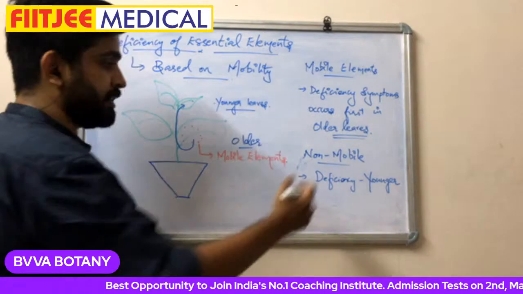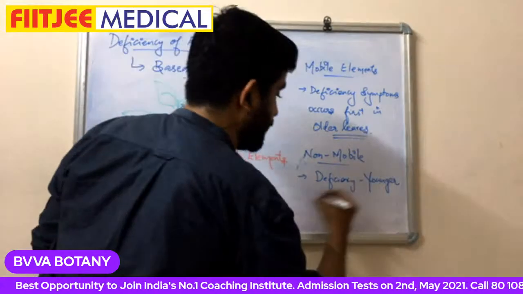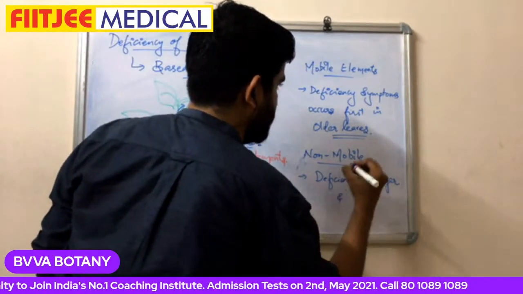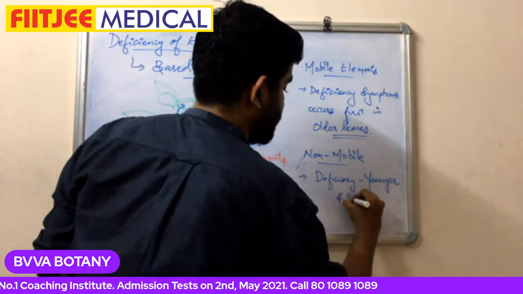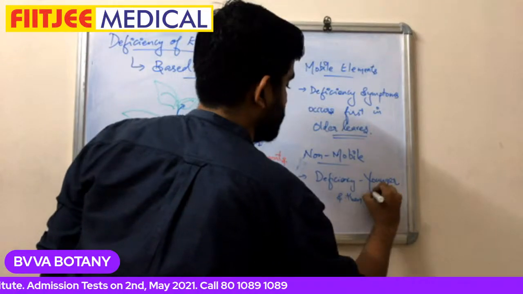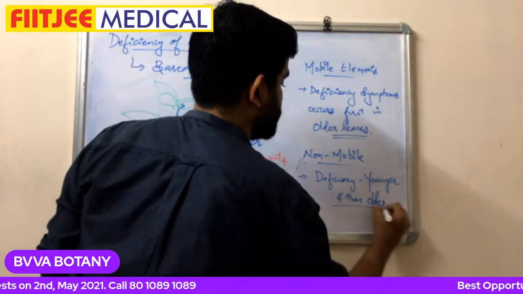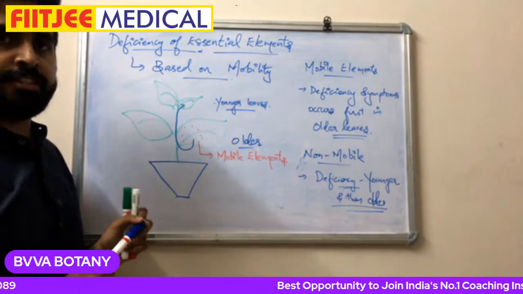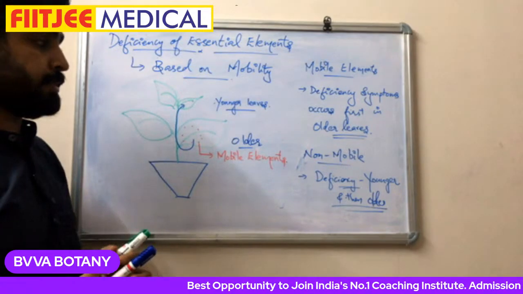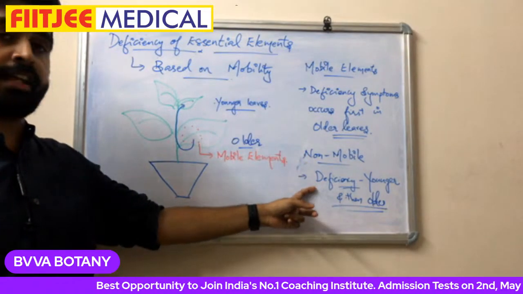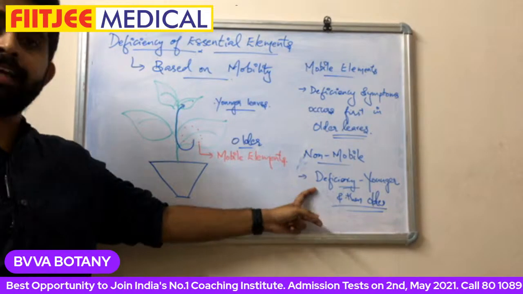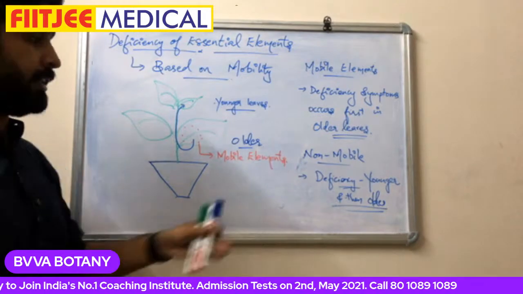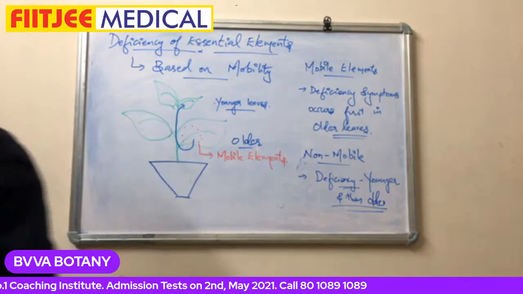So the deficiency symptom is first observed in the younger leaf, then the older. So these are two important things. They can ask examples, like calcium deficiency is first observed where? Calcium is a non-mobile element, so definitely we can say it will show first in the younger leaf and then the older leaves.